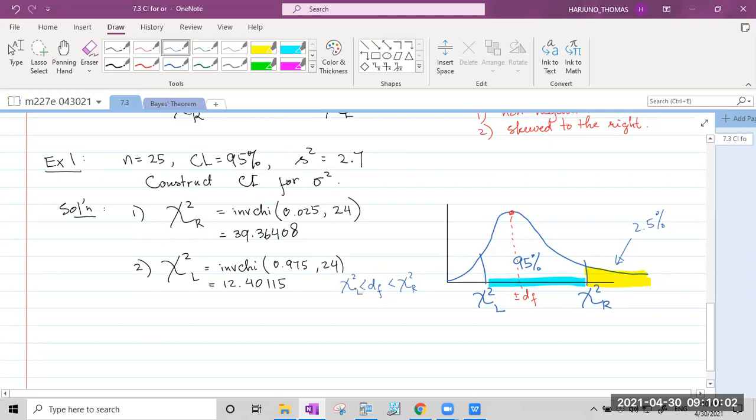Okay, make sure you have that kind of situation. Otherwise, something is wrong. Okay, the degree of freedom must be between chi-squared left and chi-squared right. Sometimes when I did the grading, I look at your step 1, step 2.